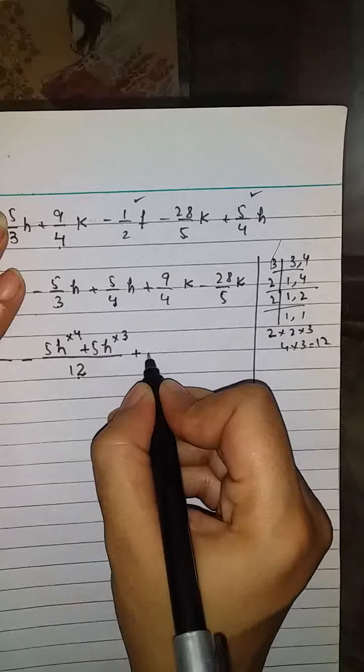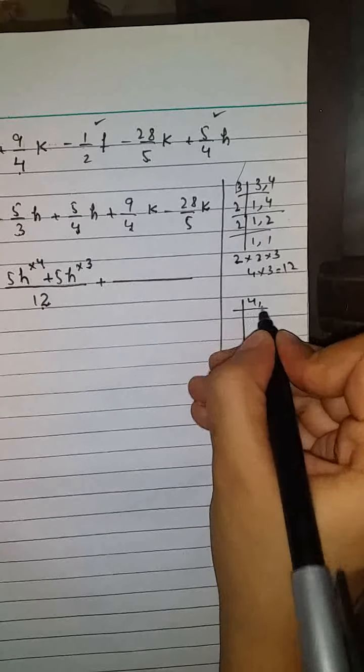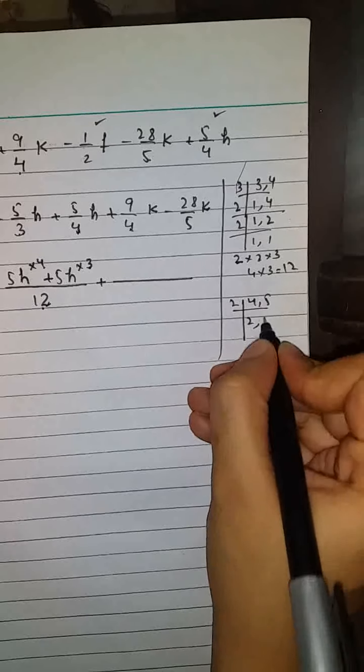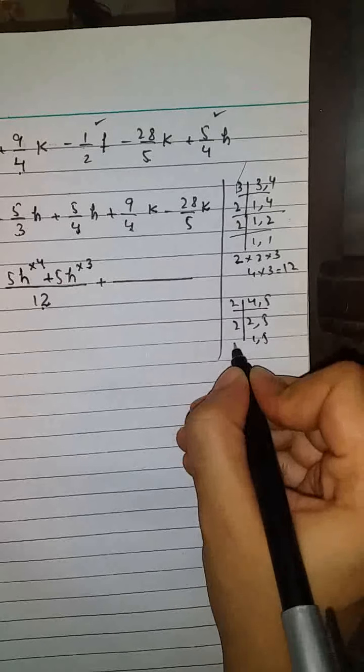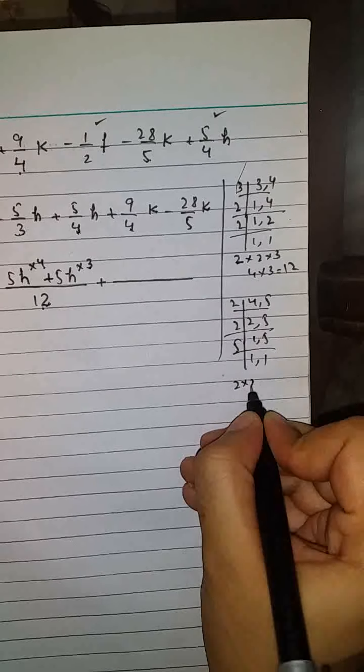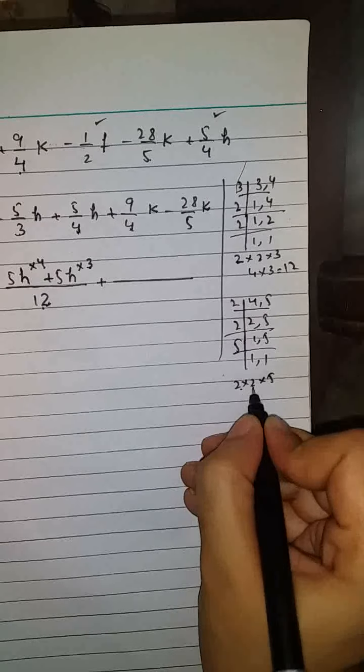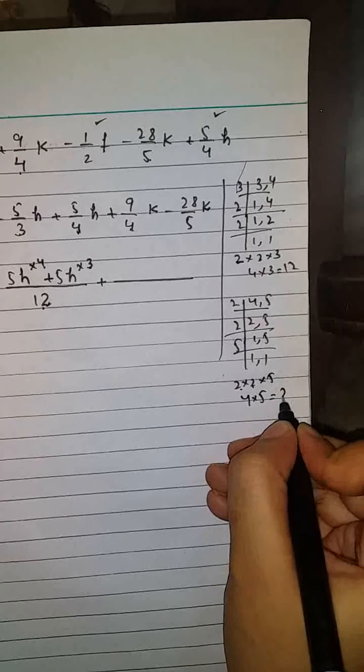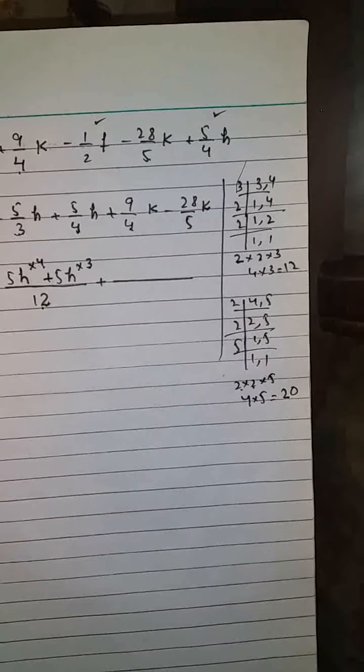After this, plus now we take the LCM of 4 and 5. 2 2s are 4, 5 as it is, 2 1s are 2, 5 as it is, again 5 1s are 5. 2 multiplied by 2 multiplied by 5, 4 multiplied by 5, 5 4s are 20.